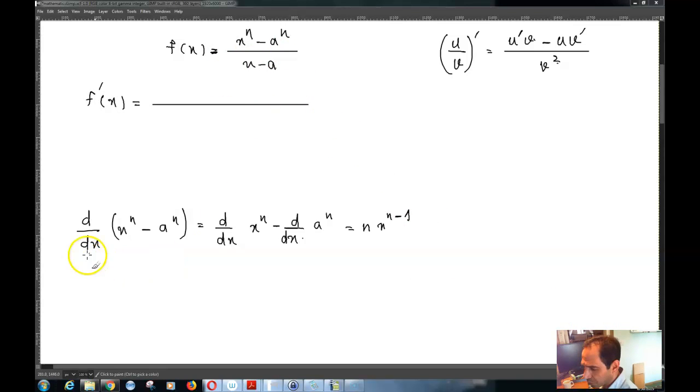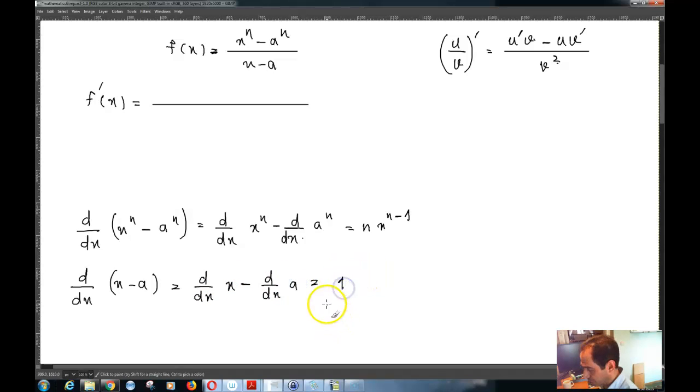Now v prime over here, which is the derivative of this denominator, d by dx of x minus a, is equal to d by dx of x minus d by dx of a, which is equal to 1.